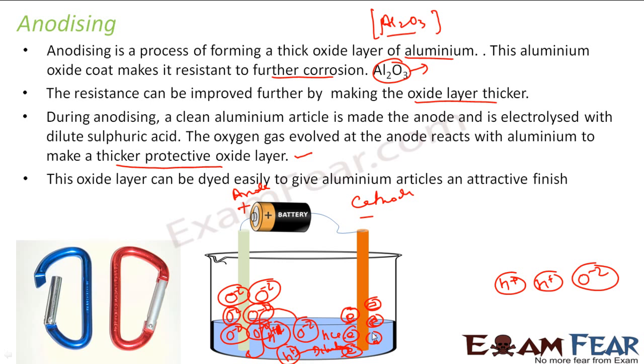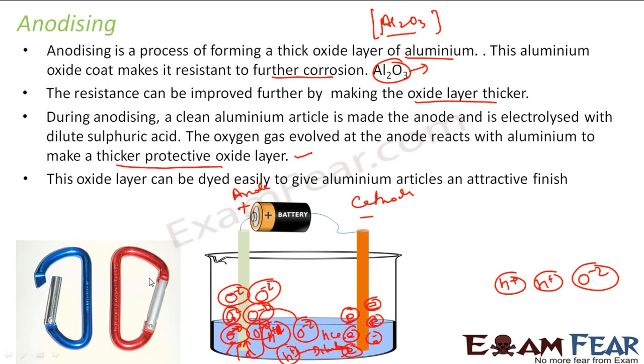Sometimes in this hydrochloric acid, we put some color. So we put some dye. With that, the layer that is formed gets the color also, because the oxygen molecules move along with the color when the reaction happens. So the aluminium gets a thin color, so it looks good.